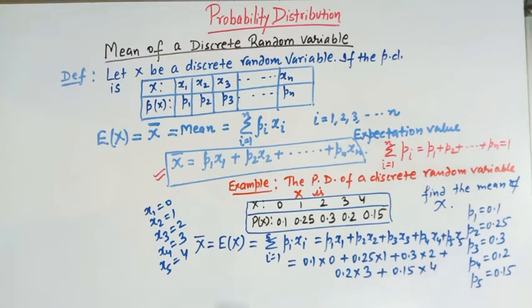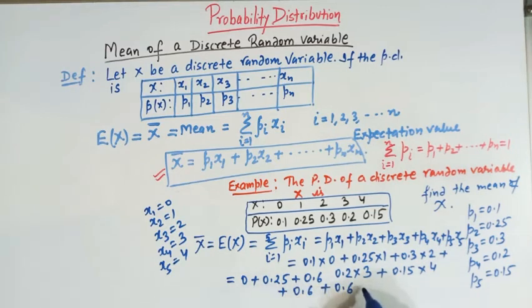multiplied by 4, right? Now this term gives us 0, here we have 0.25, and then we have 0.3 multiplied by 2 is 0.6, and 0.2 multiplied by 3 is again 0.6, and here we have 0.15 multiplied by 4 is again 0.6, right?